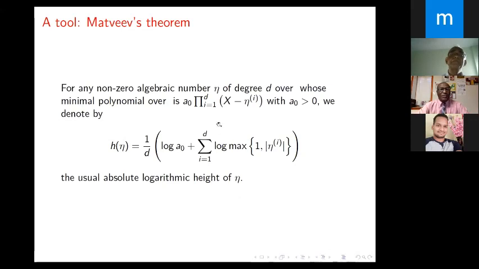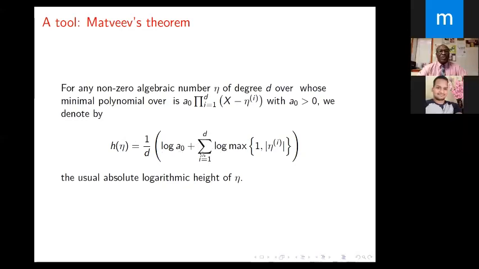We can factor the polynomial in this form, where we call the eta i the conjugates of eta. We can define the absolute logarithmic height by 1 over d, the degree of the polynomial, times log of a0, the leading coefficient, plus the sum of the log of the maximum of 1 and the absolute value of the conjugate.